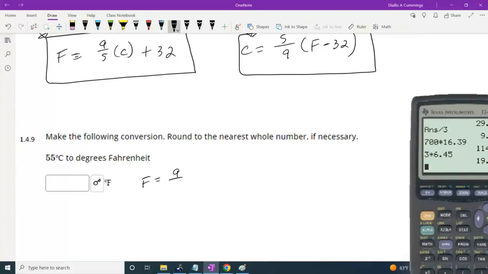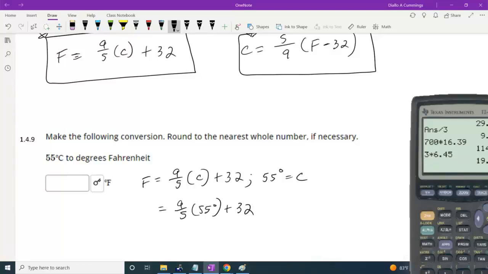F is equal to 9/5 C plus 32. And I want to substitute 55 degrees for C. So this is equal to 9/5 times C, which is 55 degrees, plus 32.